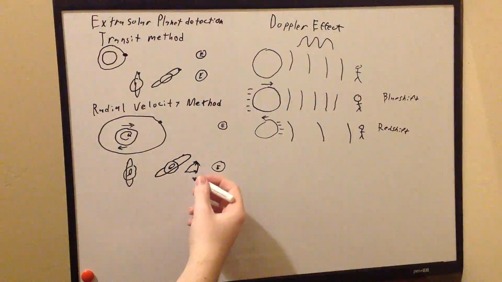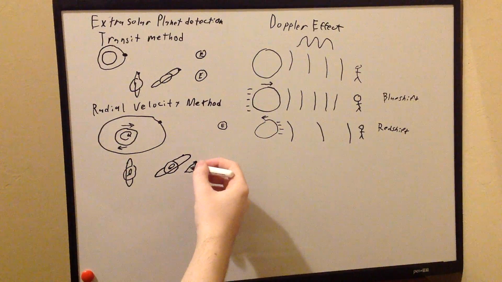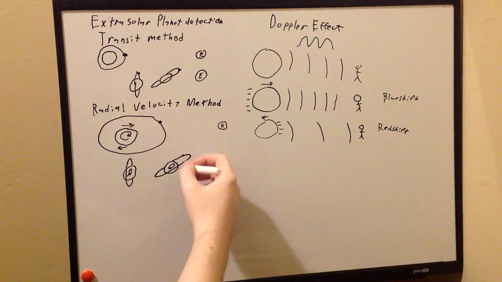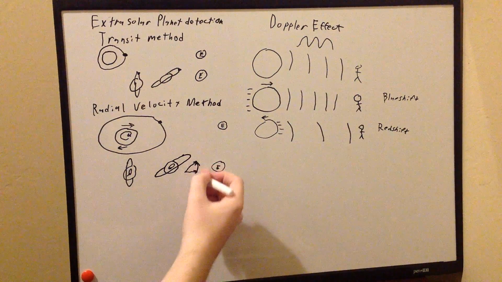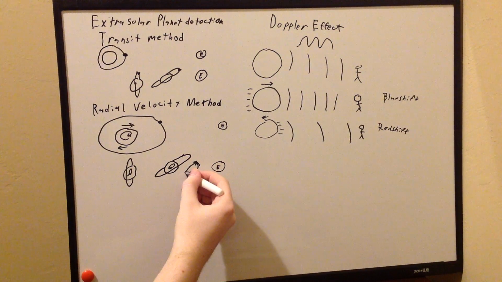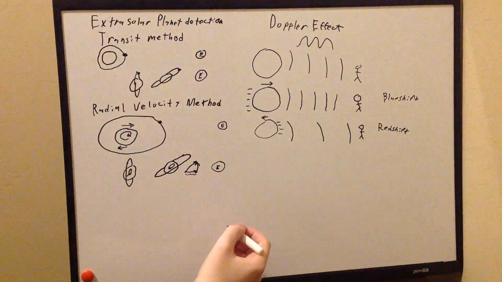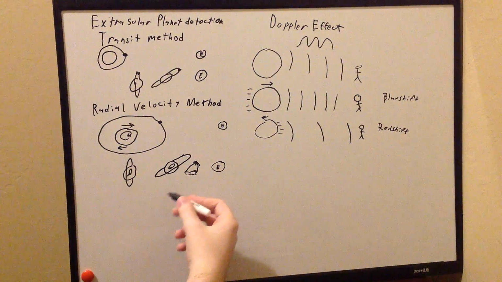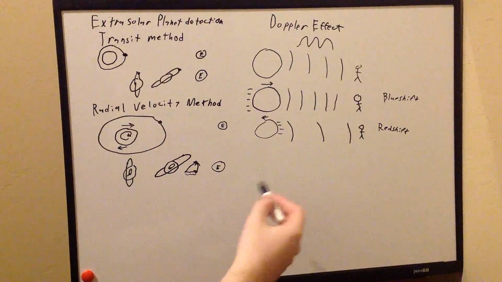So in this case, we would not see Doppler effect from the full motion of this. But we could see the Doppler effect from this part of the motion. The part of the motion that's towards and away from Earth can cause some red shifting or blue shifting.